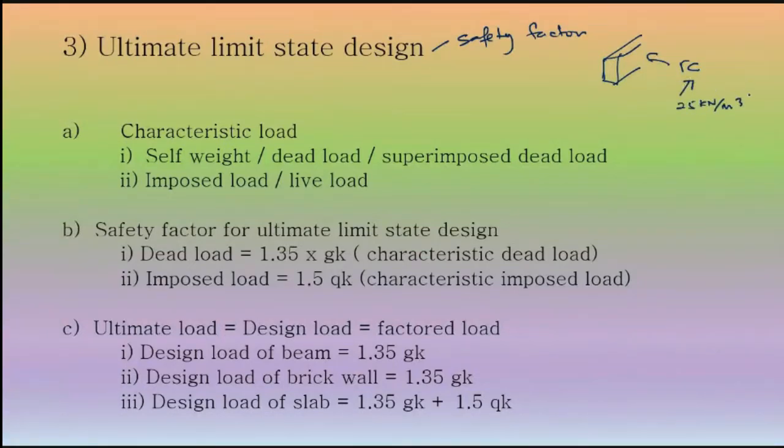Then beam tu sendiri ada area of cross section, width and depth kan. So you nak dapatkan self weight beam ataupun dead load of beam. Ini yang kita kira directly from that element.